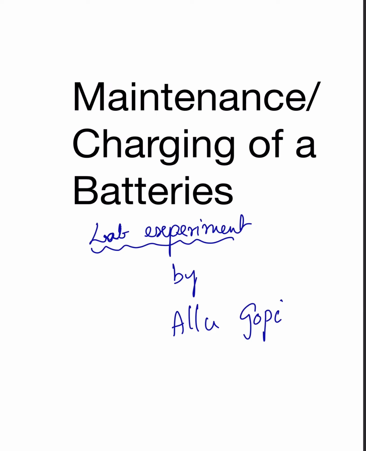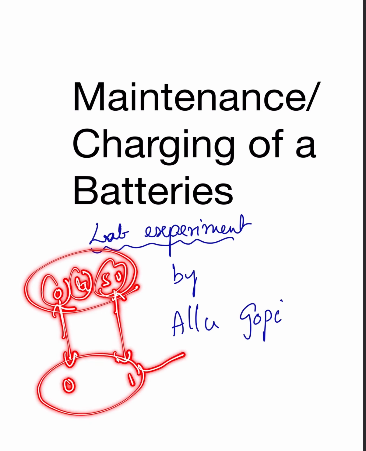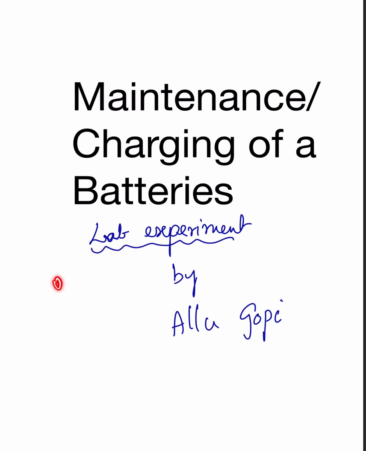So entire digital electronics works on 0 and 5 volts. 0 is meant for 0, 5 volts is meant for 1. So human beings know 0 and 1, but the machine knows the voltage levels of 0 and 5 volts.